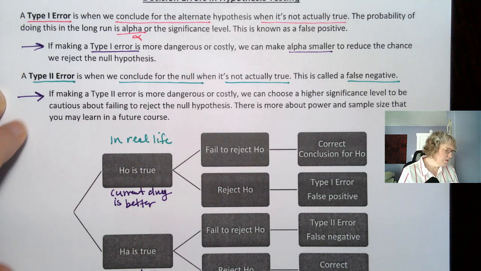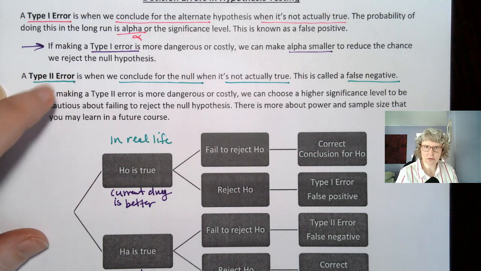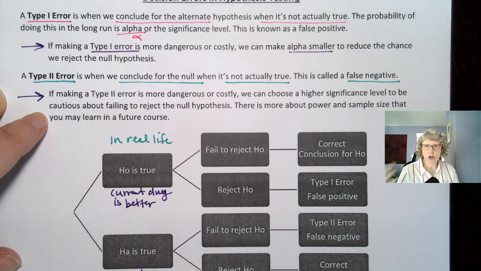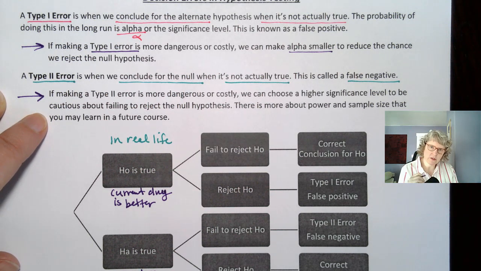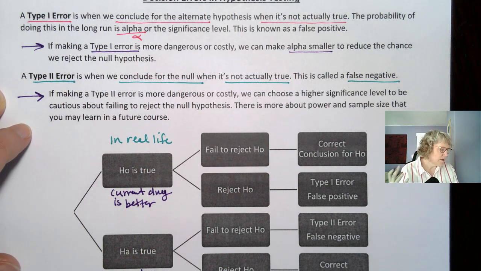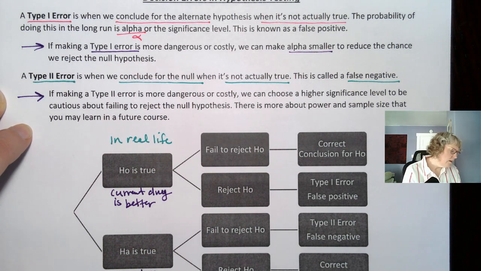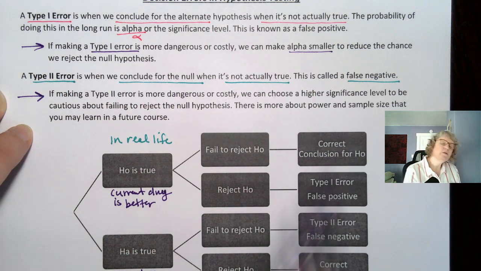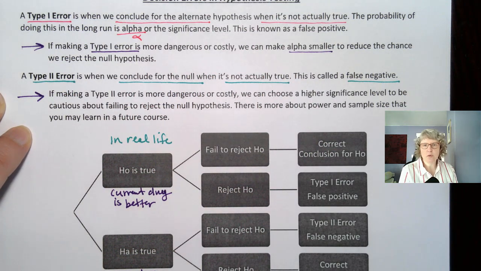And then that reduces the chance we reject the null, right? So this is over the long run. Let's say it was 5% chance. If we're under 5%, we reject the null. So in the long run, we say there's a 5% chance of rejecting the null. So we could make that smaller. If we make it down to 0.025 or 0.01, we have less chance of rejecting the null and less chance of making a type 1 error.